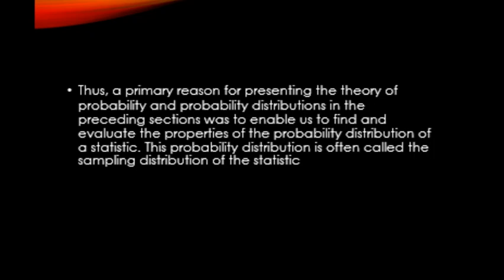So basically what that means is that if we draw a lot of samples from this population, let's say we have a population with some mean mu and standard deviation sigma, and we draw, let's say, 50 samples from this population.